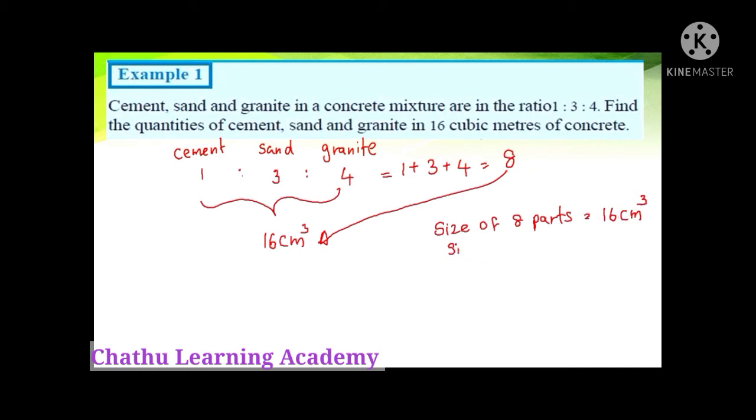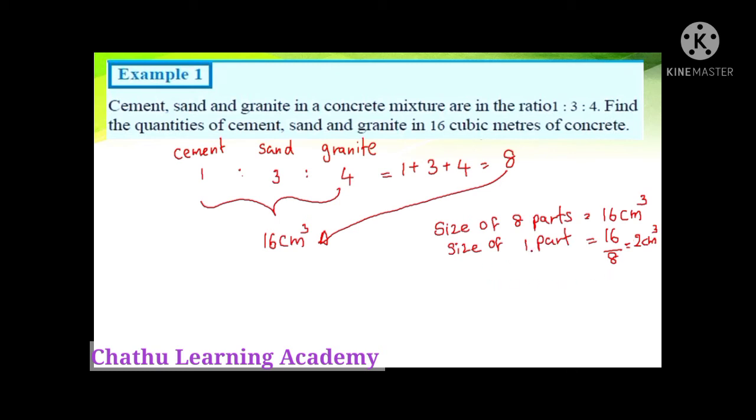Then size of 1 part. If you know the total number of parts in the total volume, you can find 1 part by dividing 16 by 8. Here 2 cubic centimeters.